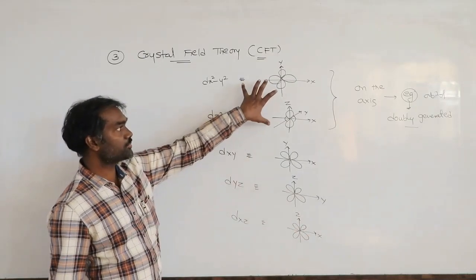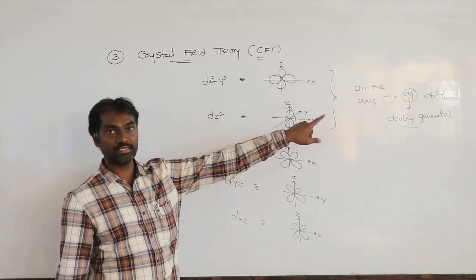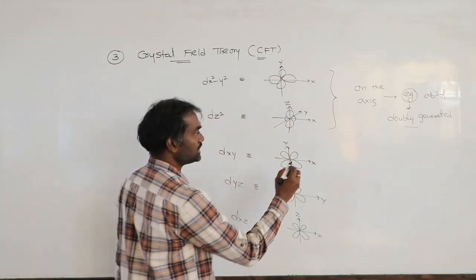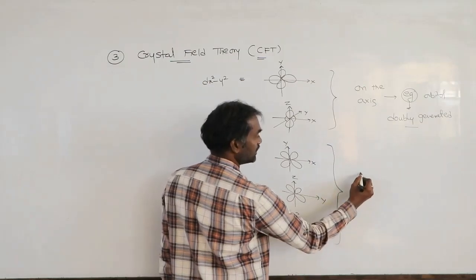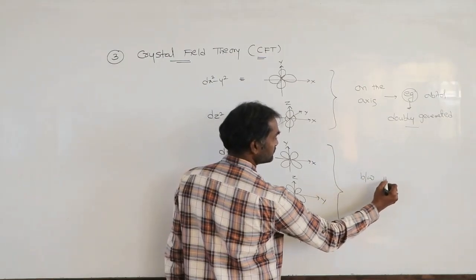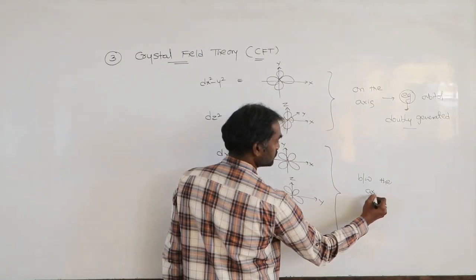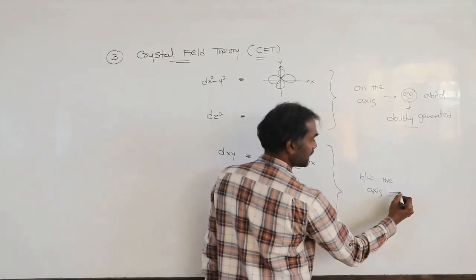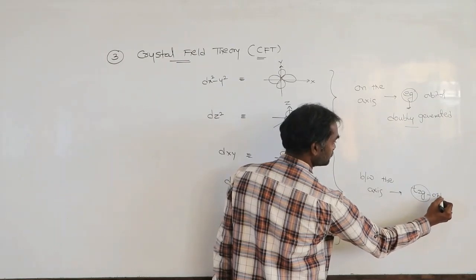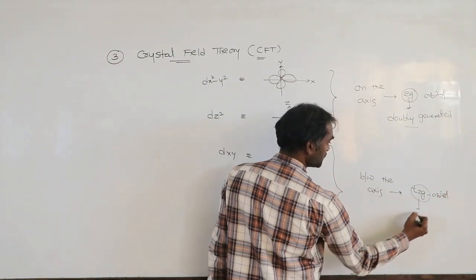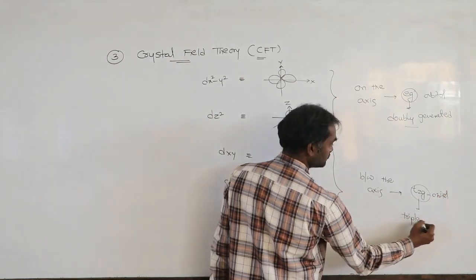So the two on the axis are called EG orbitals, doubly degenerate. These three are observed between the axes, and they are called T2G orbitals, which are triply degenerate.